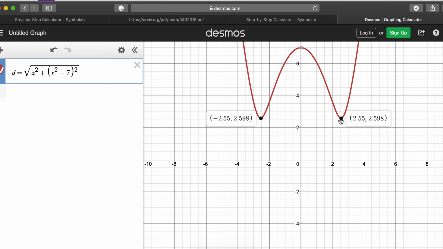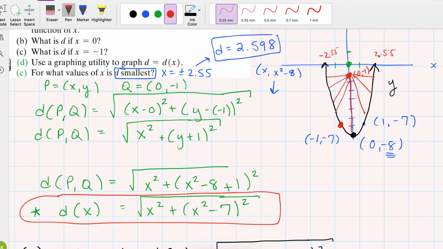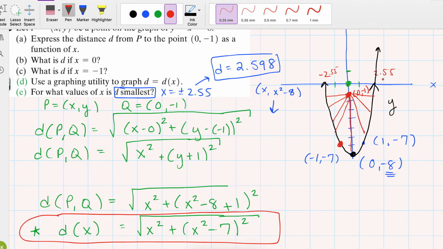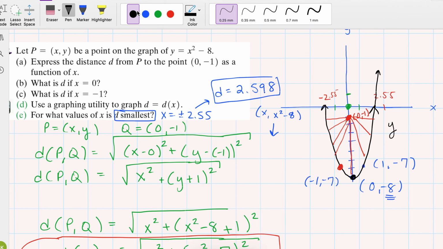Then when you go past that x value, you get bigger than that, let's say 3, 4, 5, 6, 7. Well, notice that this graph is going up. So if we were to continue to draw this, like make it go up like this, you would see that as x goes further and further out, let me sketch this a little bit better.